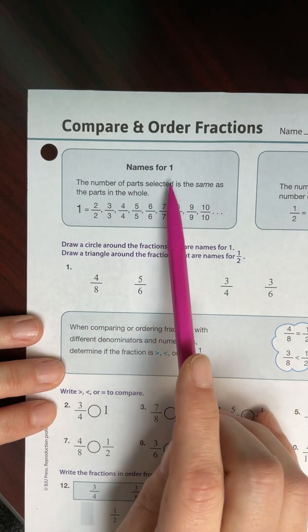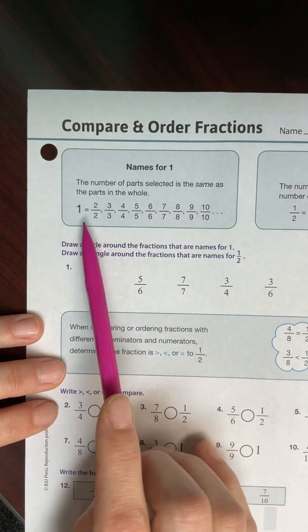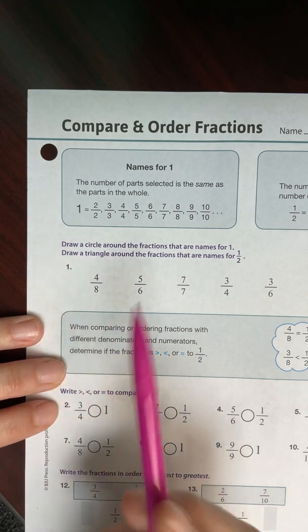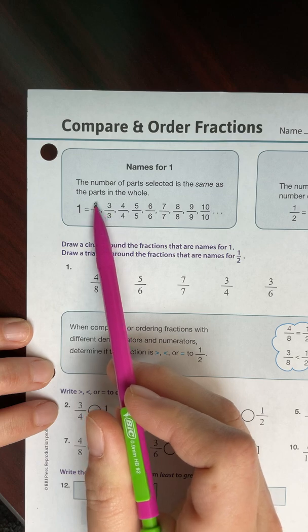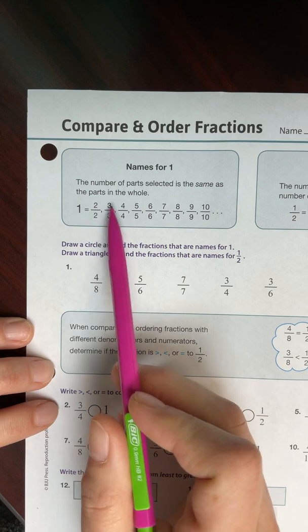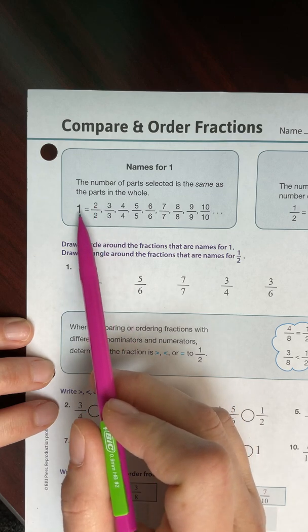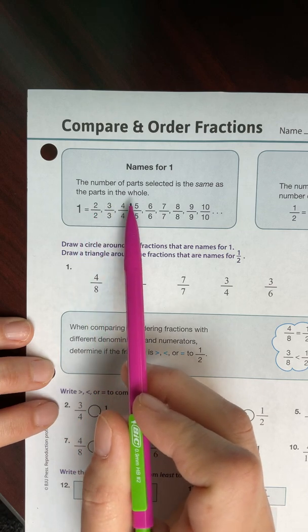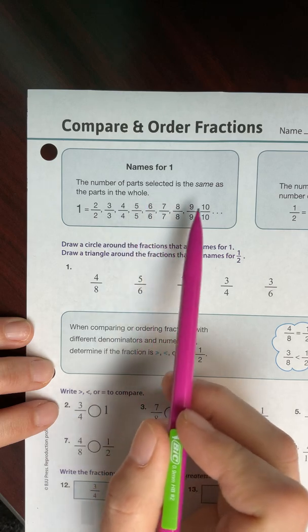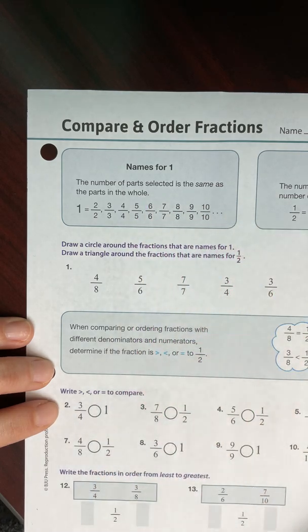So, the names for one whole. You guys are usually very good at deciding when a fraction is equal to one whole. Anytime the numerator and the denominator match, then it is one whole. So 2/2, 3/3, 4/4, 5/5, and we could keep going with many, many numbers.